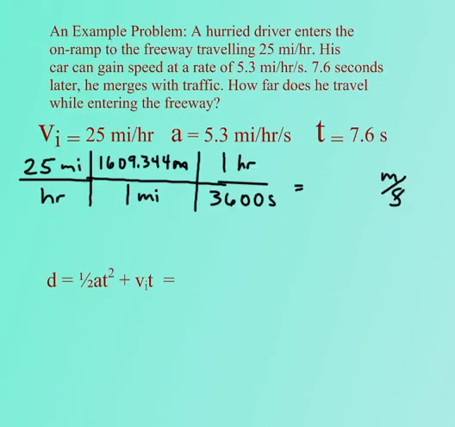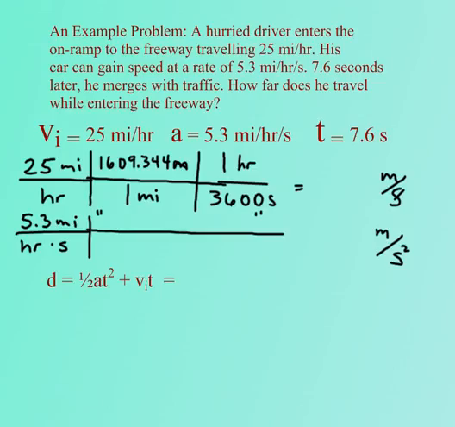And if you converted the 5.3 miles per hour per second by using the exact same conversion factors as you did above, you would find that you would get an acceleration in meters per second per second.